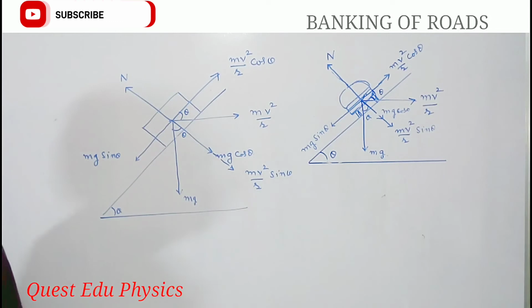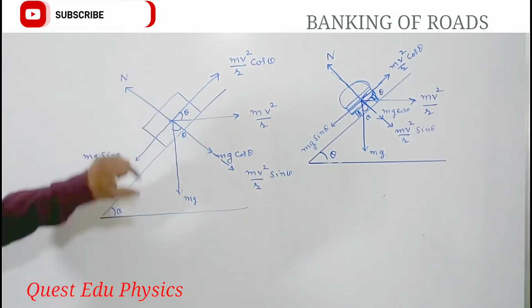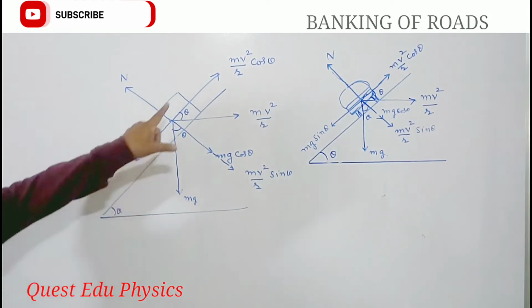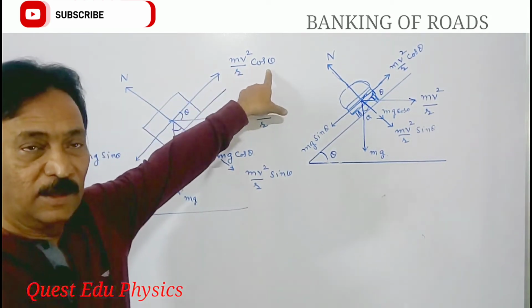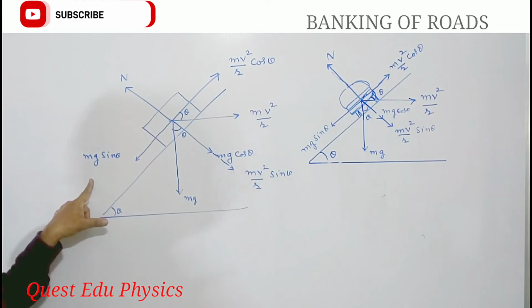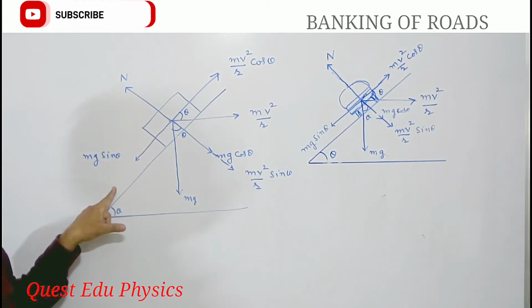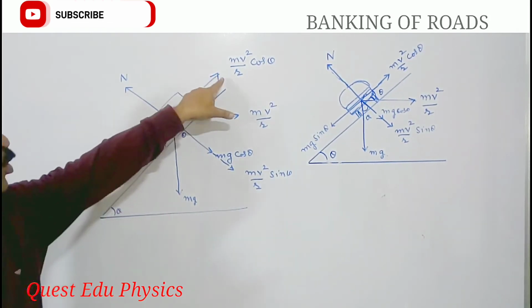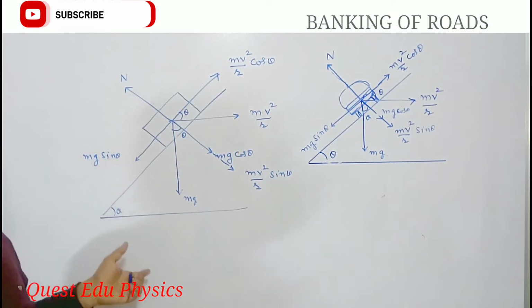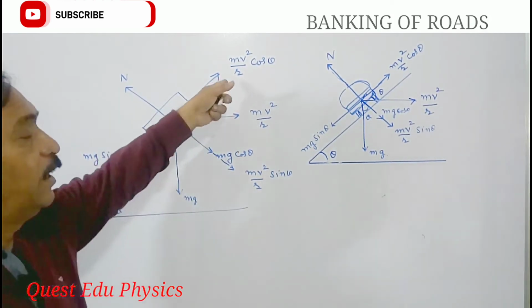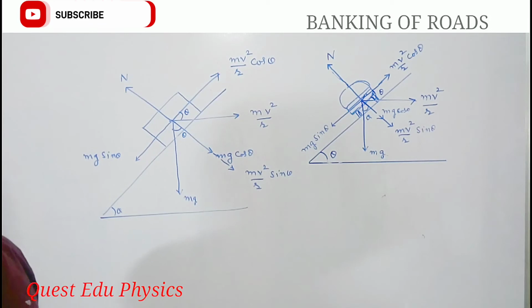It's the needed diagram, students. I hope you understood. Here if you watch it carefully, mv square by r cos theta might be equal to mg sin theta. Okay, if the two are equal, then we should not worry. That means the vehicle gets balanced.